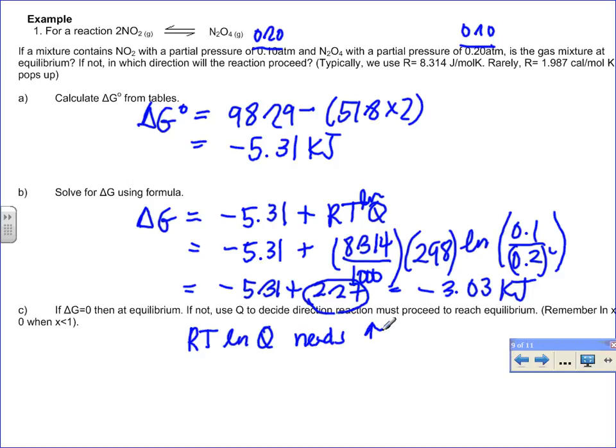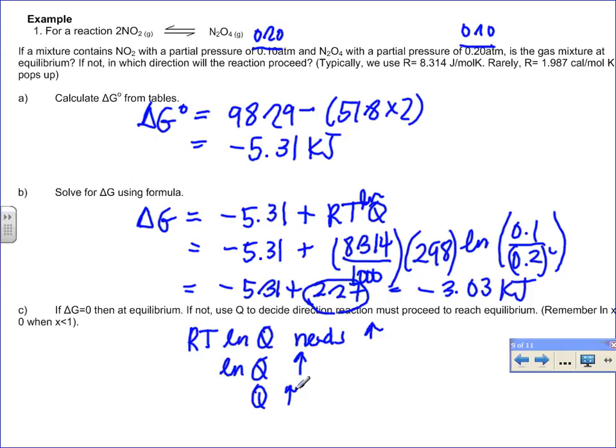For the RT ln Q to increase, R and T are constants, so we need ln Q to increase. Okay, so that means that we need Q to increase.